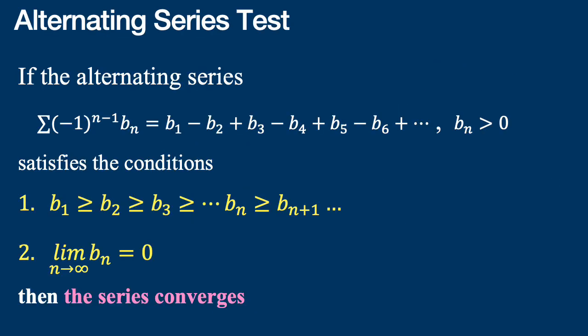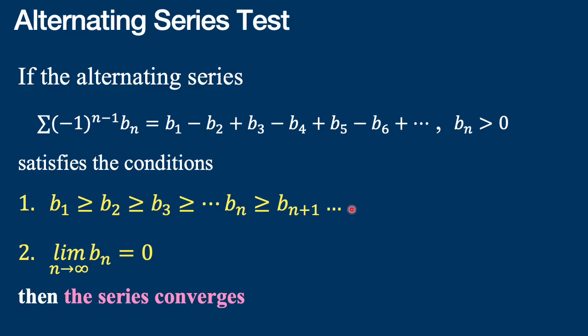Now let's talk about the alternating series test. First, this applies only to alternating series, guys. First, you recognize whether the series is alternating. Alternating means right here, guys, the sign changes. That's an alternating series. If you know this is an alternating series, you find the Bn. Bn is all positive. Then B1, B2, B3 are decreasing.